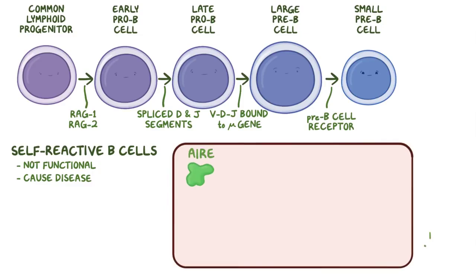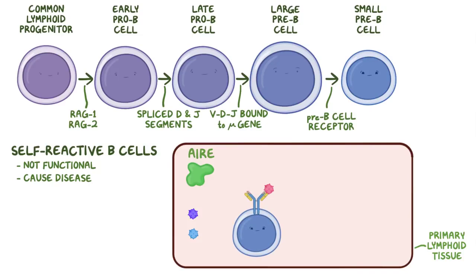AIR is expressed in primary lymphoid organs and allows them to express antigens that are normally found all over the body, like the brain, ovaries, and pancreas. It allows these primary lymphoid organs to serve as a microcosm of the entire body, kind of like how the Epcot Center theme park in Florida is a microcosm of the world.